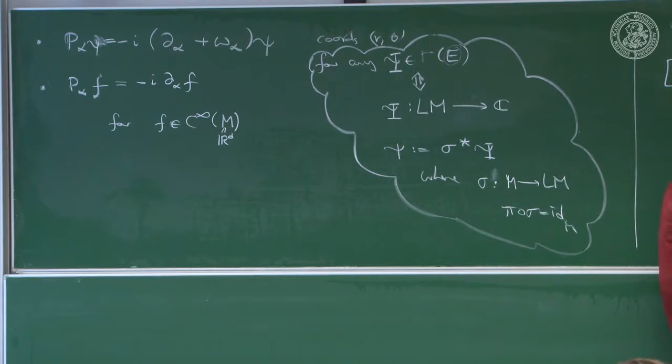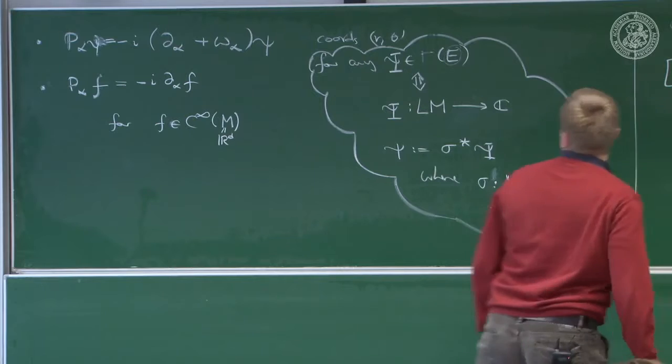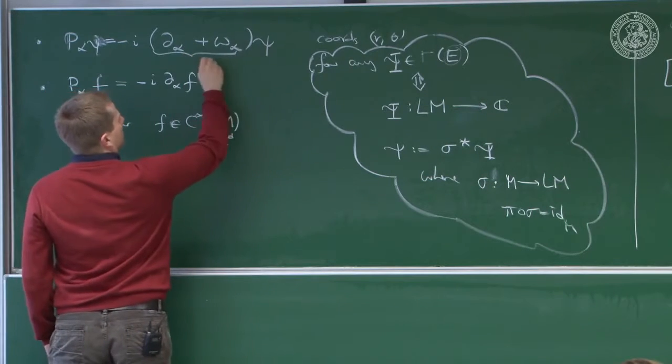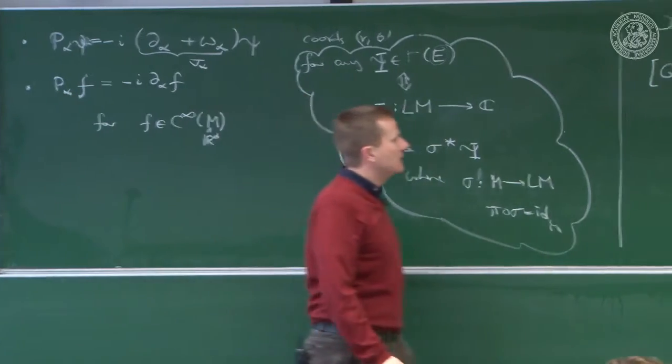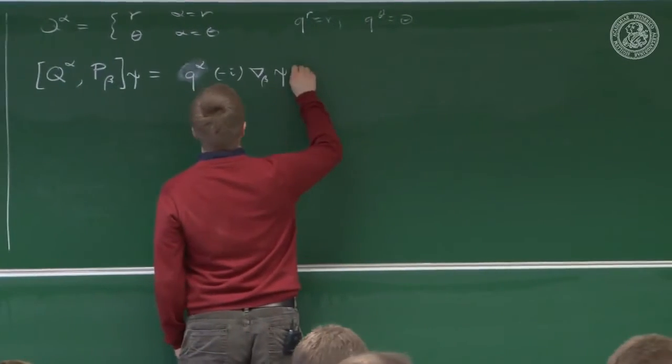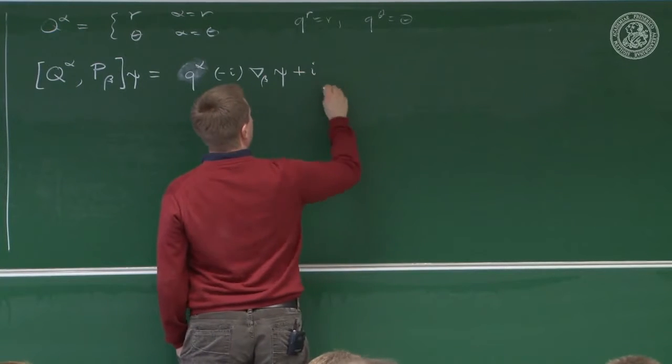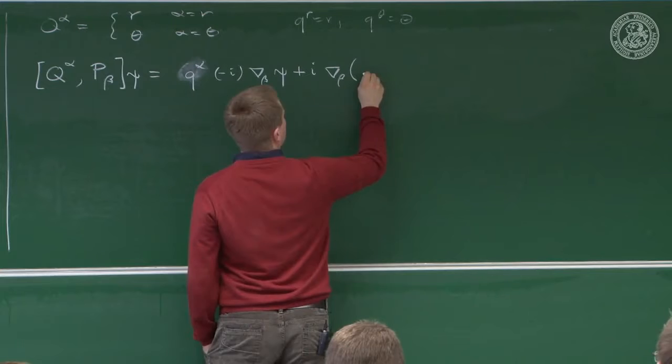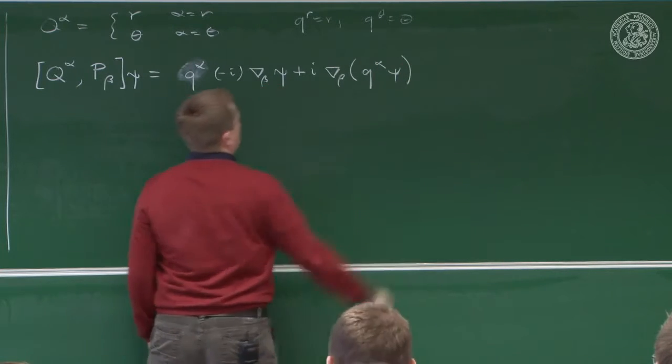Let me call this little q alpha, but q r is r and q theta is theta, and that's a function. Okay, q alpha, there's a minus i. Now comes the covariant derivative, right? Let me write it like nabla beta. That's what we used before. So this is the nabla alpha here. Nabla beta acting on psi, minus i, is plus i, nabla beta acting on q alpha psi.